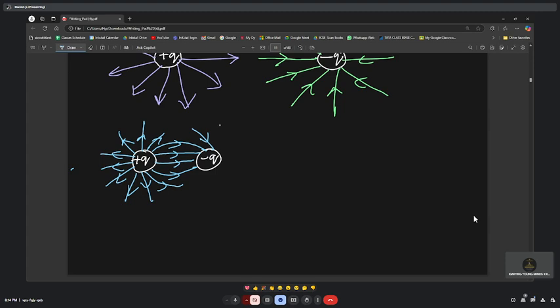It will look like this. So from positive, it's outward, and then it moves towards the negative charge. This is a system of charges. You have to understand that the electric field lines will look like this.